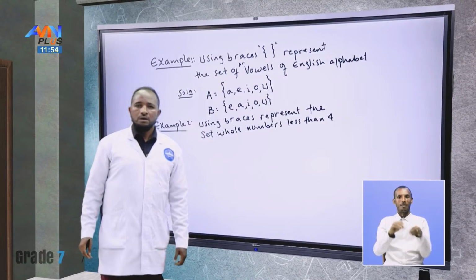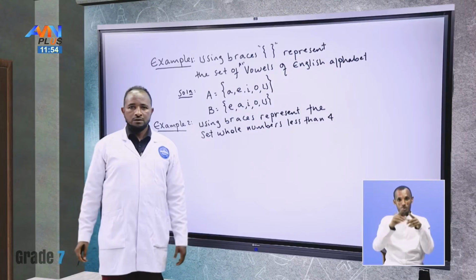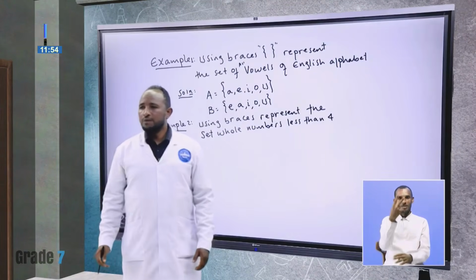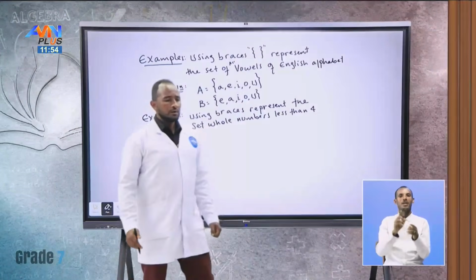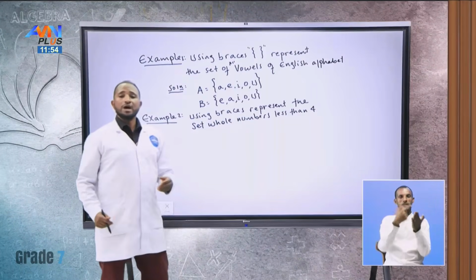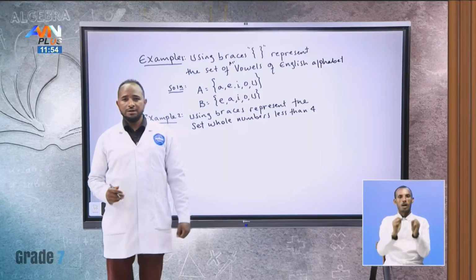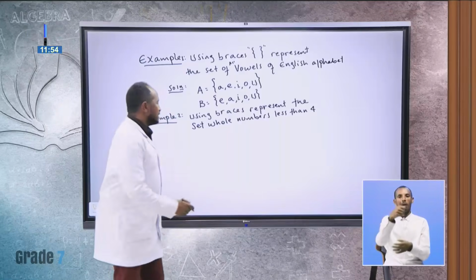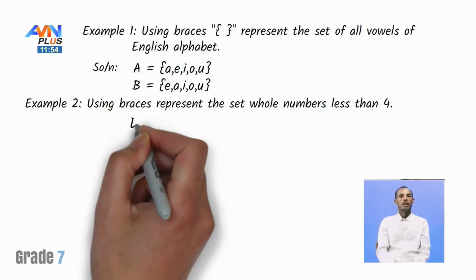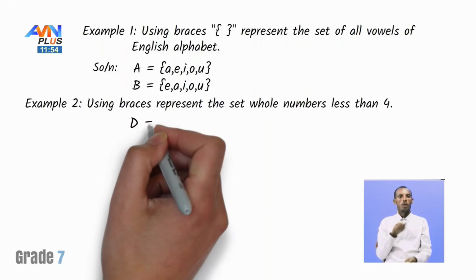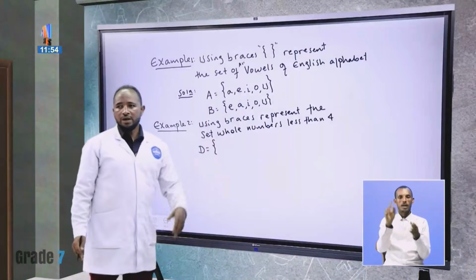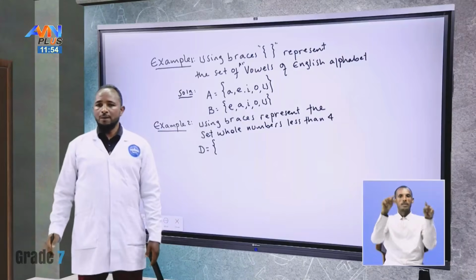Students, have you tried the question? Very good. Now, let's see the answer together. To represent this set, first, we can use any capital letter. Let's assume D. This set is represented by letter D. And we can list the members of the set inside the brace by listing them using commas.